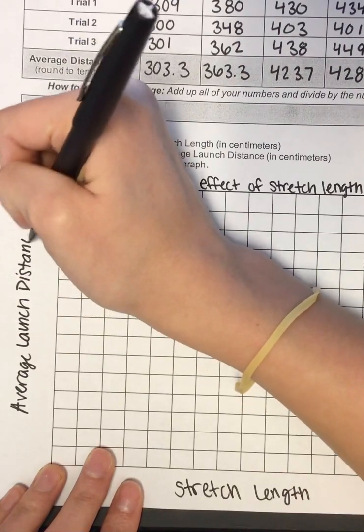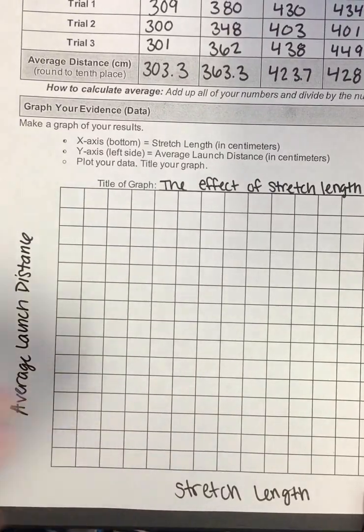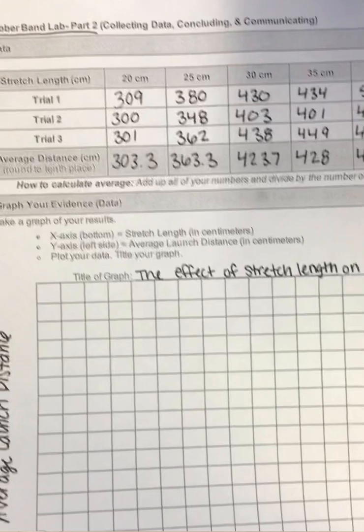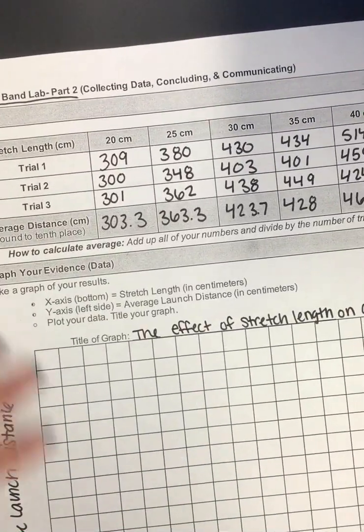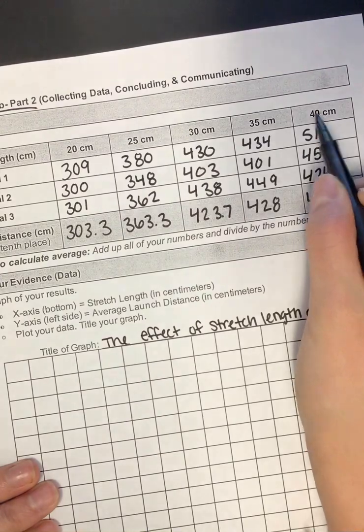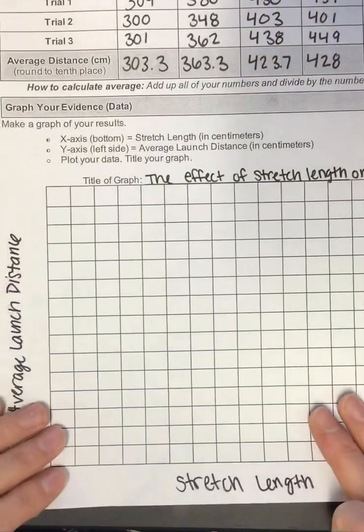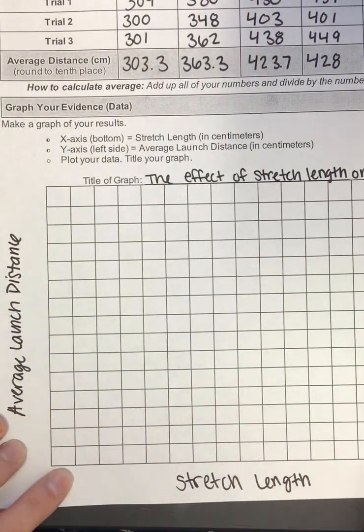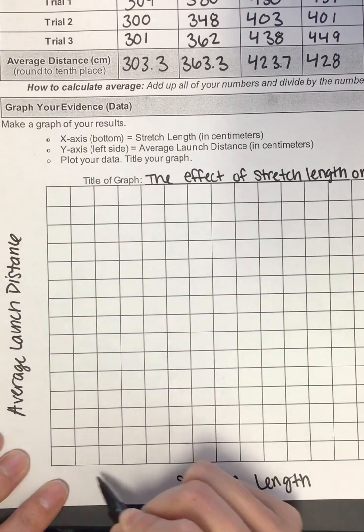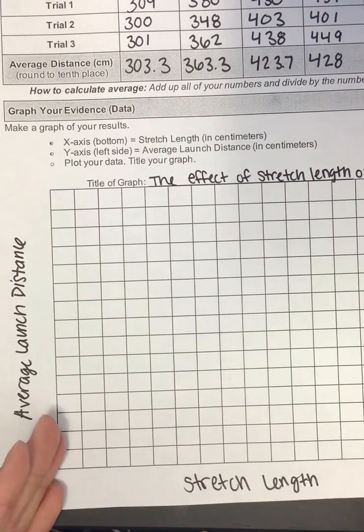Now, I'm going to help you do this, and no matter what your data looks like, this is going to be true for you. We need to fit along the x-axis all of these distances, 20 centimeters all the way to 40 centimeters. So along the bottom of this chart, remember, we need to make hops that are all the same size for the entire x-axis.